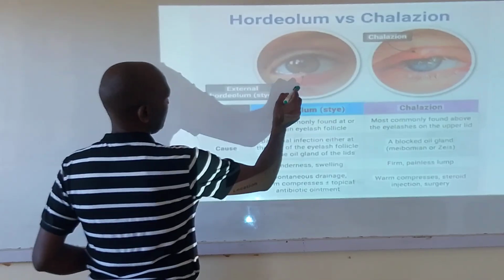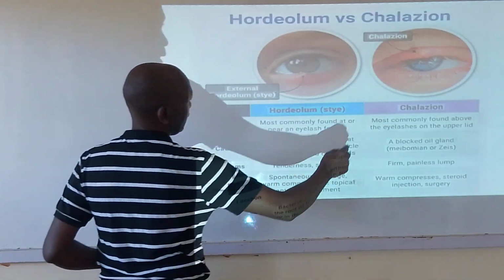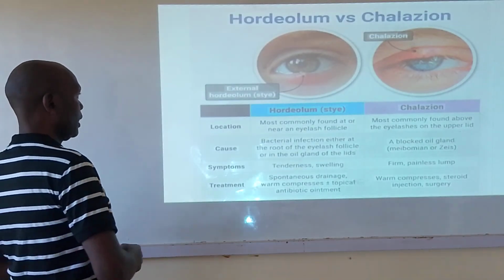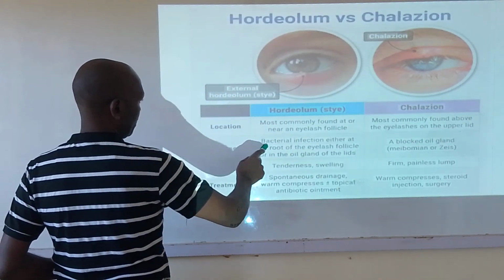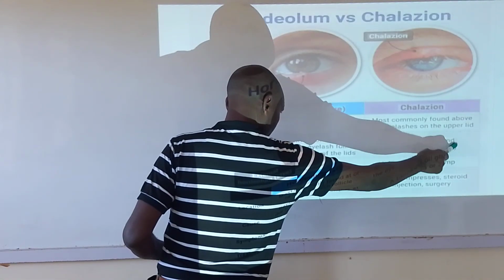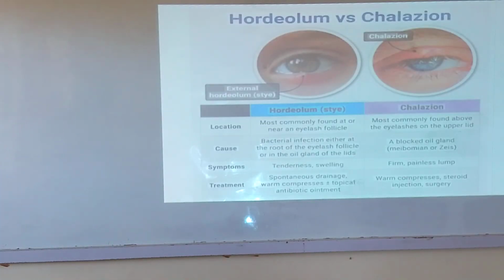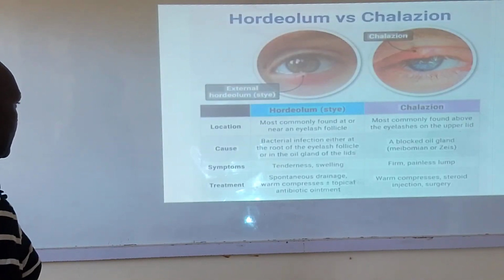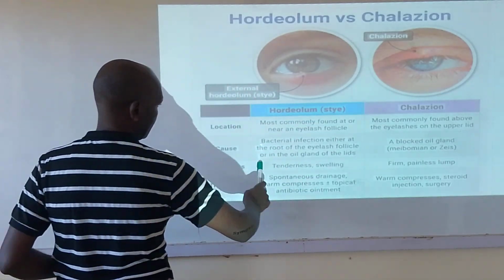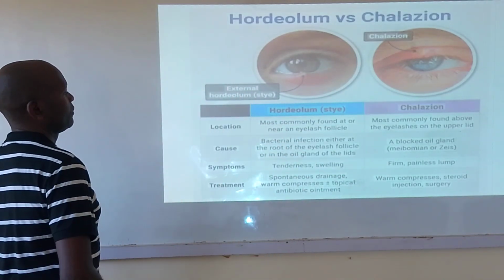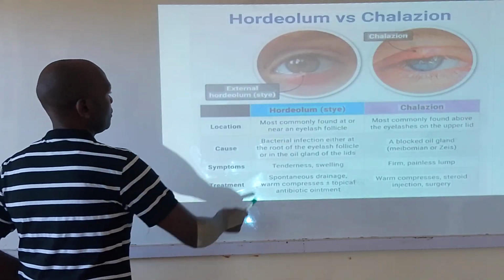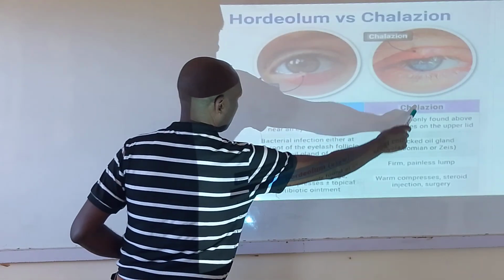While the sty is caused by bacterial infection, the chalazion is caused by blockage of an oil gland, which we call meibomian glands. While the hordeolum, which is the sty, is tender and has swelling, the chalazion is usually firm and painless. So meaning this one is painful, this one is painless.